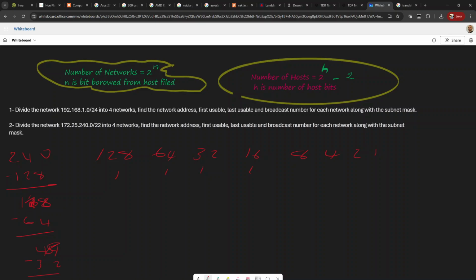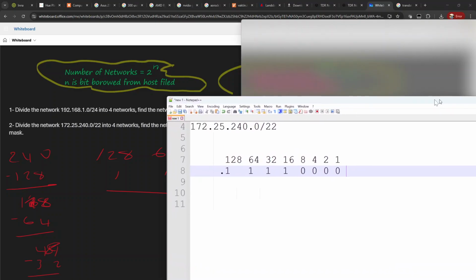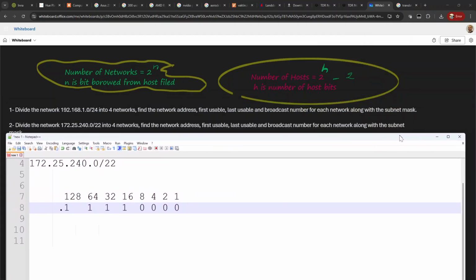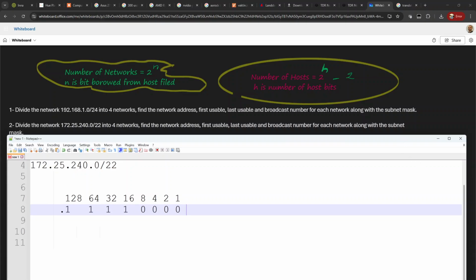Subtract 16 from 16 is 0, and the rest are all going to be zeros. That's the binary number of 240 if you get confused. So you could do it like this. Let's go back to our example.